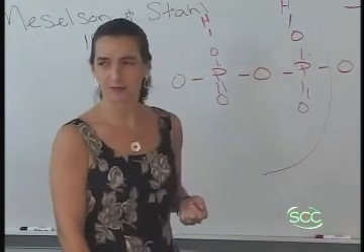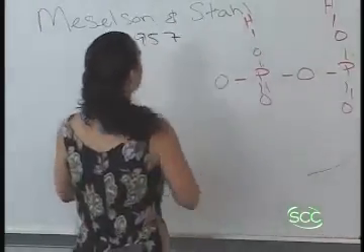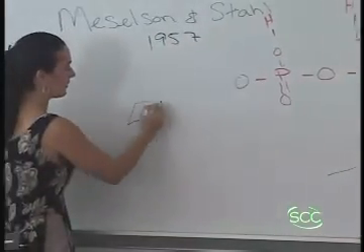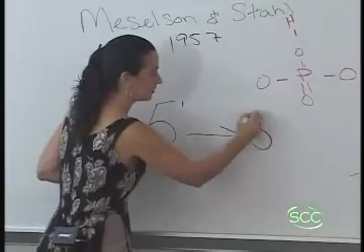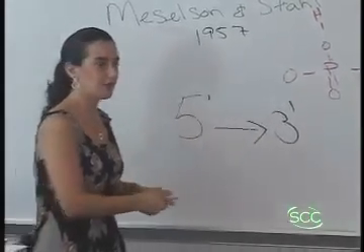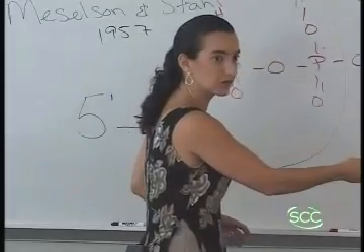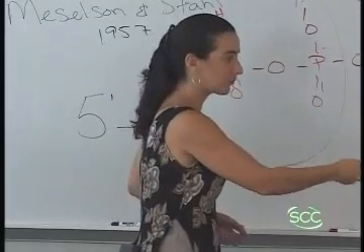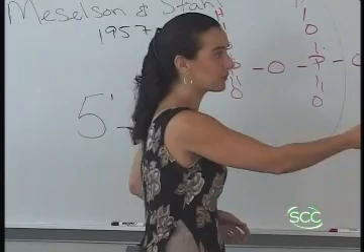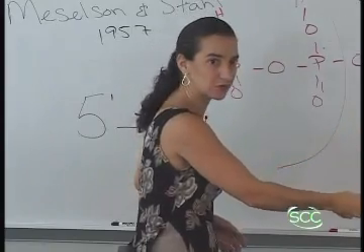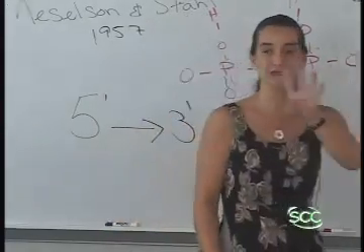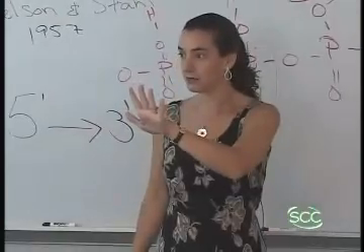Does that make sense? It will only go in this 5' to 3' direction. I am growing from here to here, from 5' to 3'. And you can see how I'm starting up here and I'm just continuously growing this way.